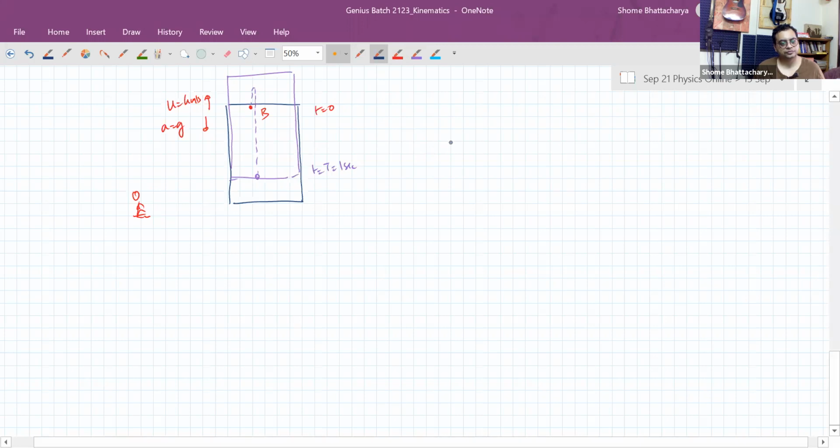So you can see that from here to here, if I write this as capital H, that is how much? U square by 2g. So it is 4 square by 2 into 10, so it is 0.8 meters.